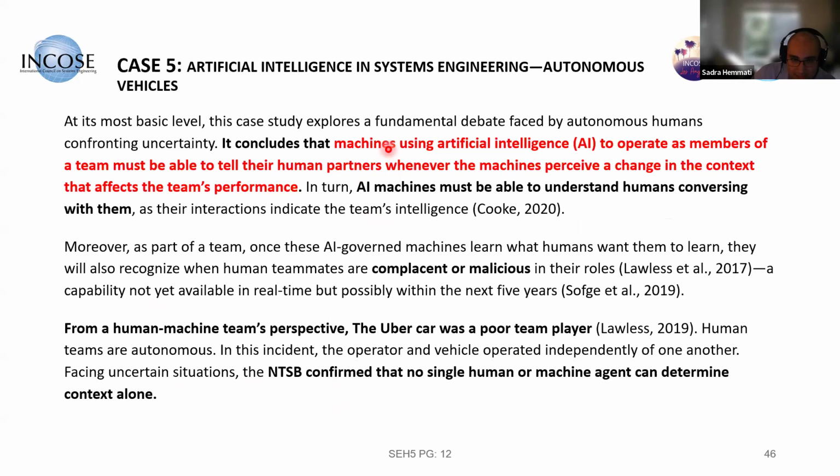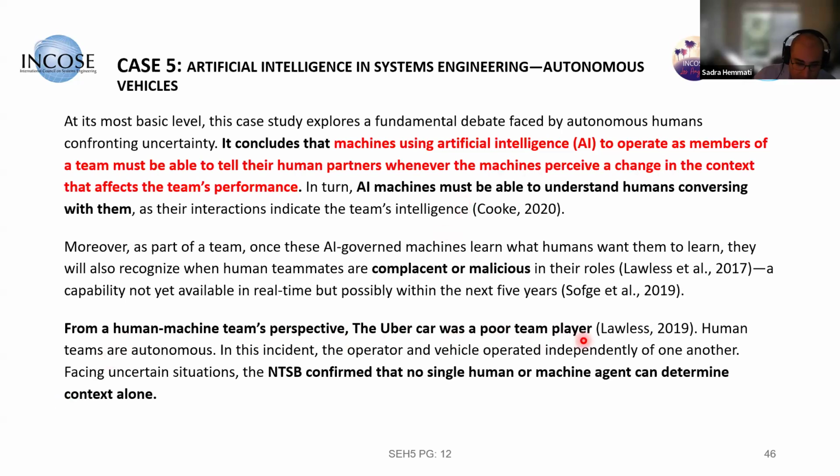The conclusion is that we should consider AI, or machine intelligence, as operating as members of a team. If the AI perceives a change in the context and environment, it should communicate with the human partners, as that affects the whole team's performance. It's suggesting that both parties should relay their understanding, even though imperfect, so they can complement each other.